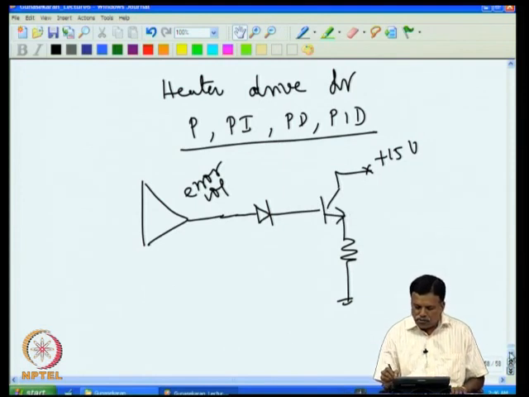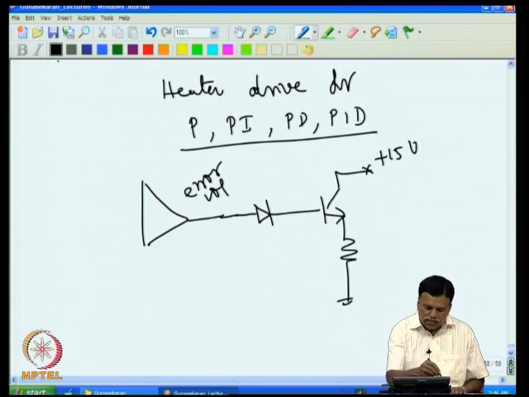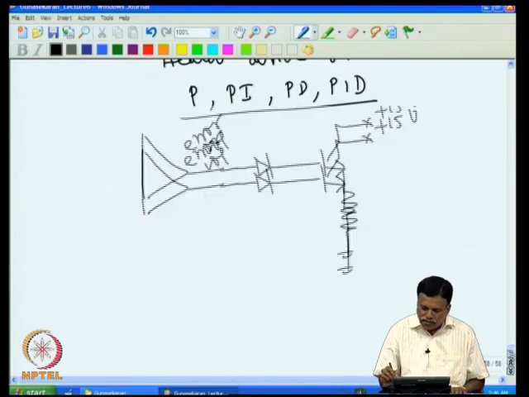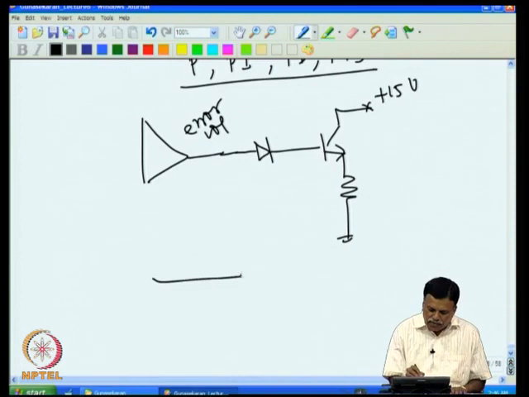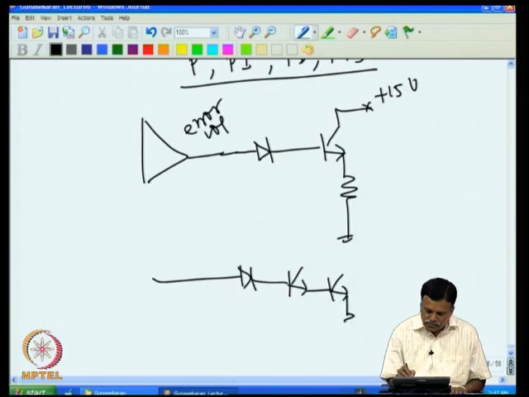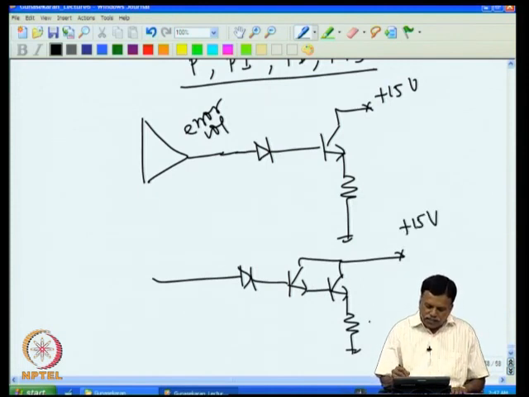So one improvement that can be done is, instead of having the simple thing, we can have a high power device at the output. So I can have the same thing with a Darlington. You have a Darlington and the heater.